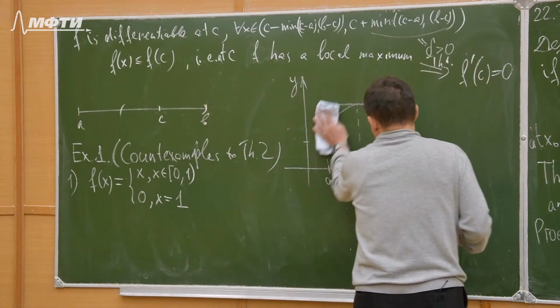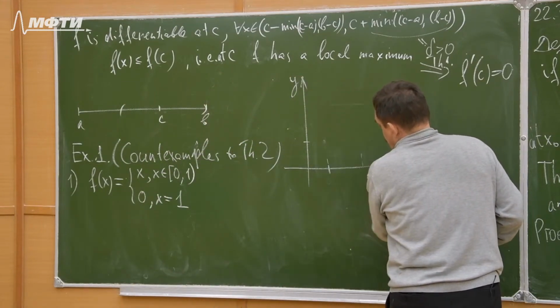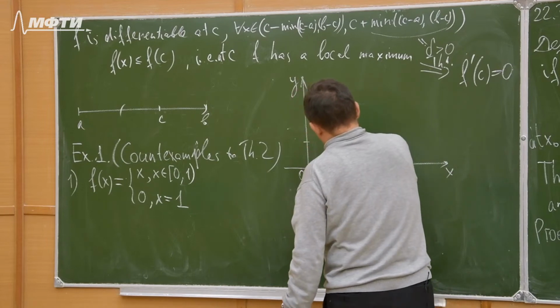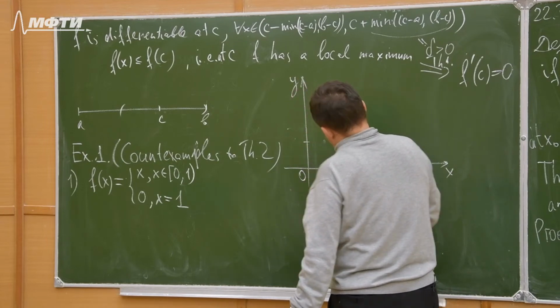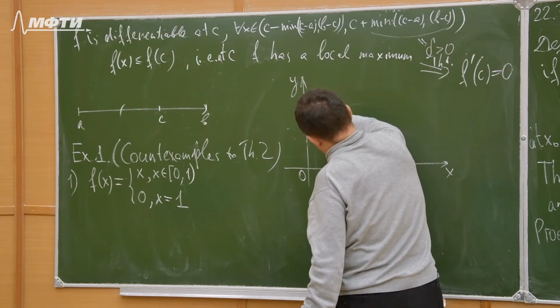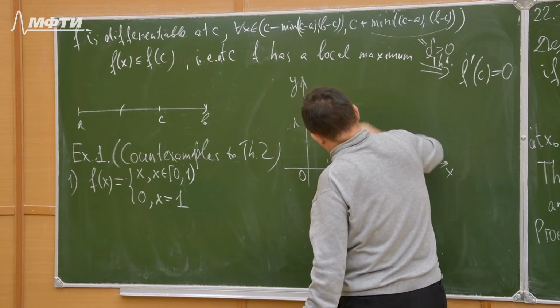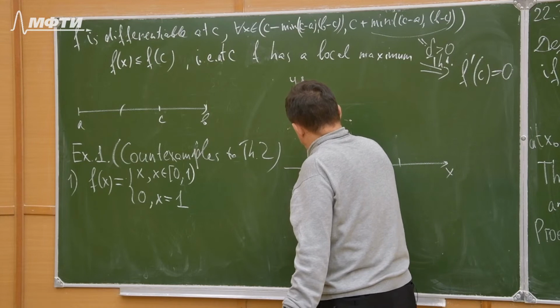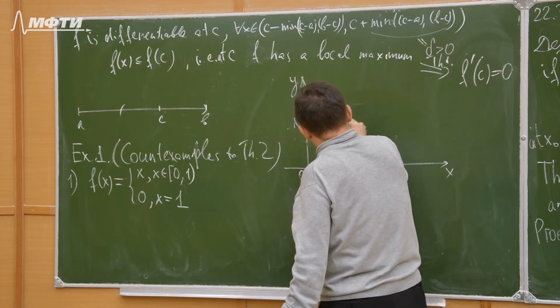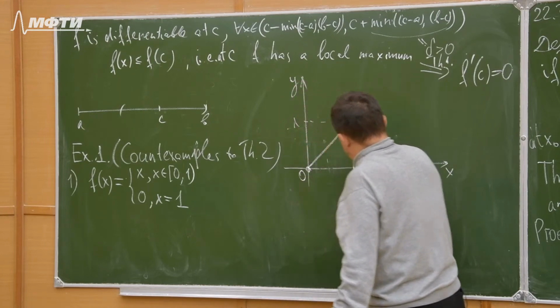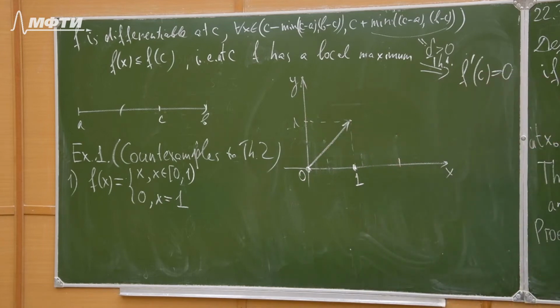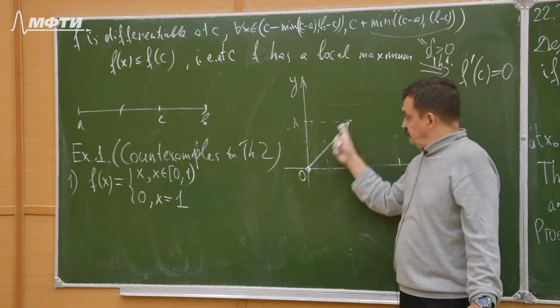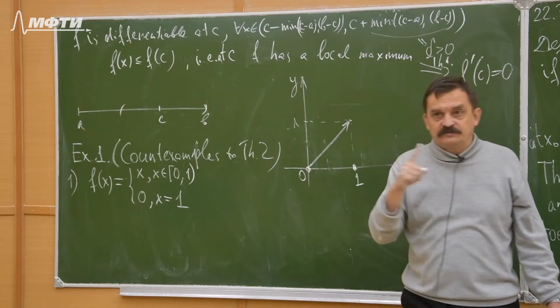So the function is as follows: 0, 1, 1, and the graph is the following, like that, right? So the function is differentiable on an open interval, right?